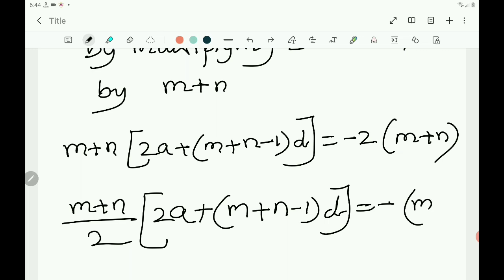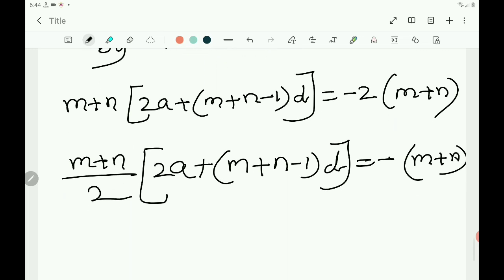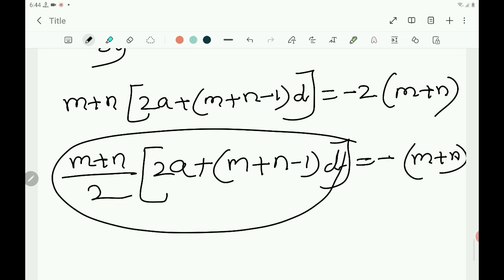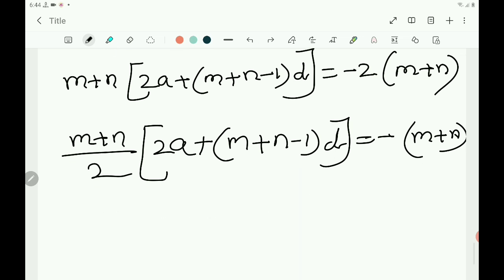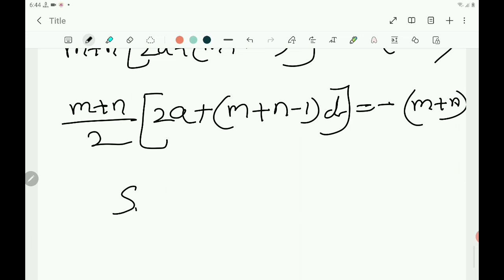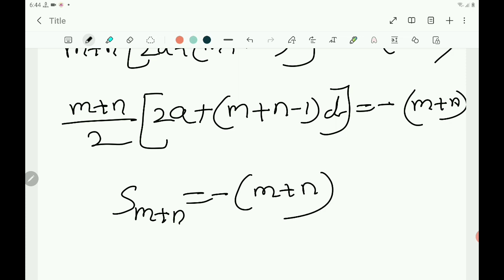So what is remaining here? Only minus of m plus n. And here you know that it is the formula for the sum of m plus n terms. Then S m plus n is equal to what you got? Minus of m plus n. Here is the result.